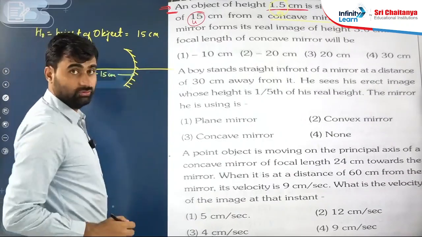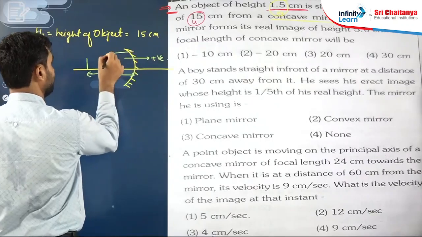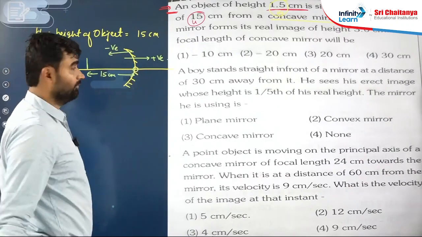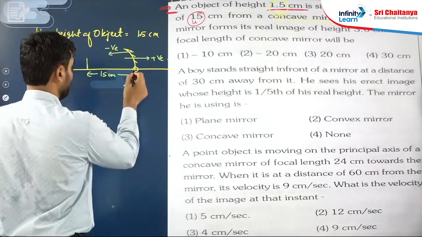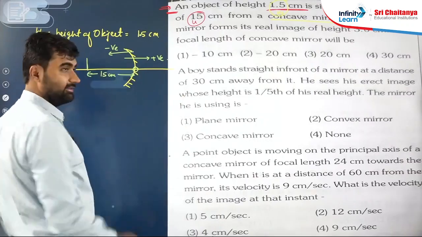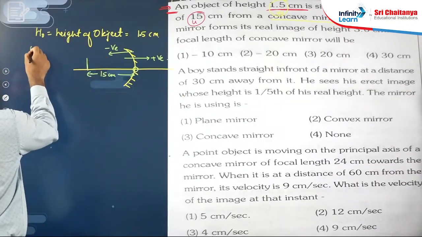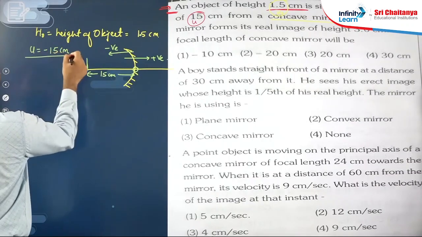You know, this direction is positive and this direction is negative. Everything we calculate from the pole. So we have to move from pole to object in this direction, and this direction is negative. So here U value is minus 15 centimeter.